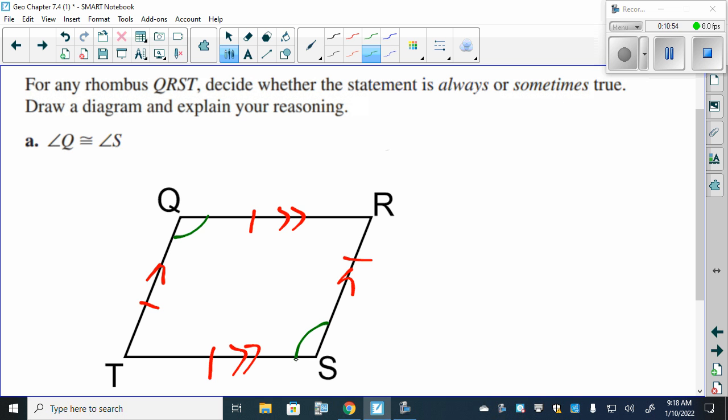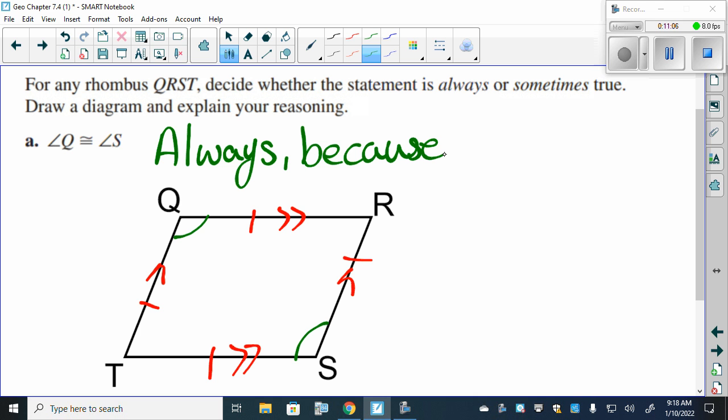Always or sometimes? Always. Because why? Opposite angles in a parallelogram are congruent.